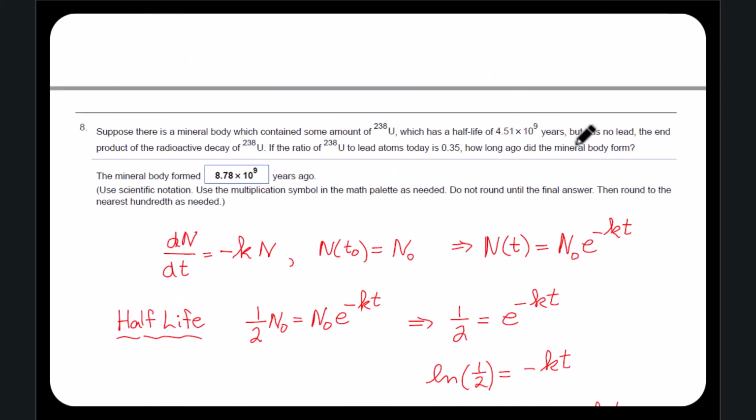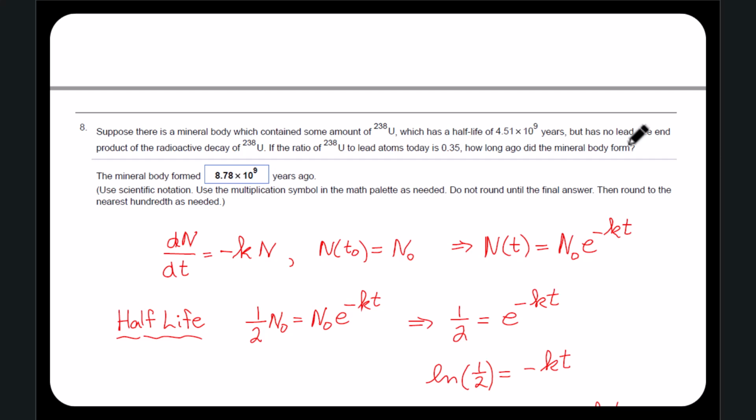So what's happening is initially the rock only has this uranium-238 in it, and it has no lead. So over time the uranium decays, and as it decays it makes a byproduct of lead.